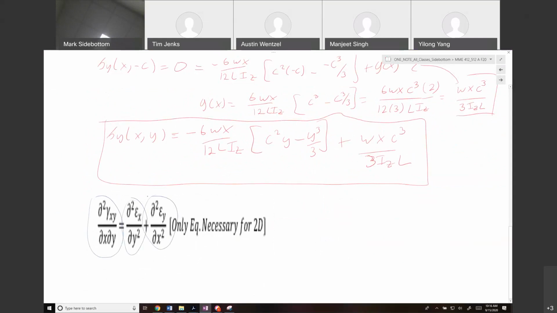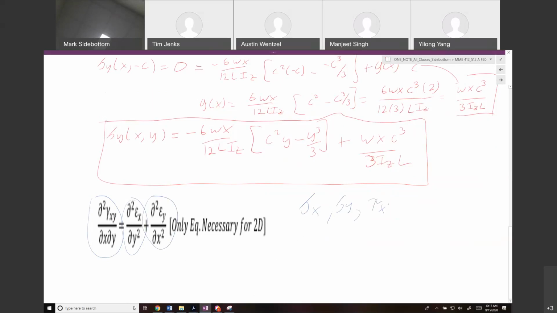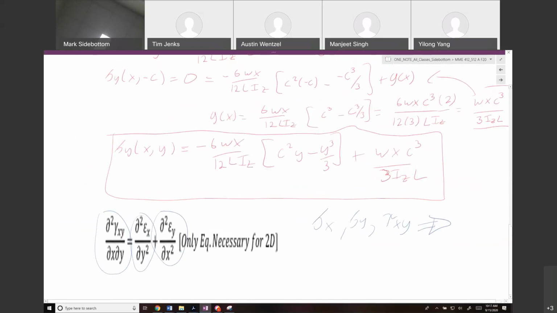All right, so in order to use this equation, we need to convert our stresses, sigma x, sigma y, and our tau xy, to our epsilon x, our epsilon y, and our gamma xy.